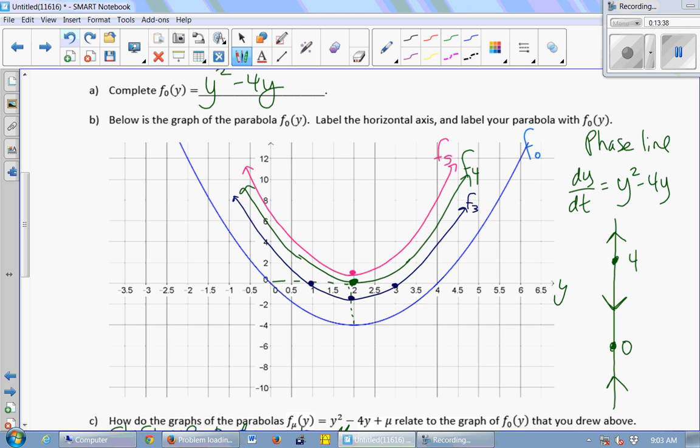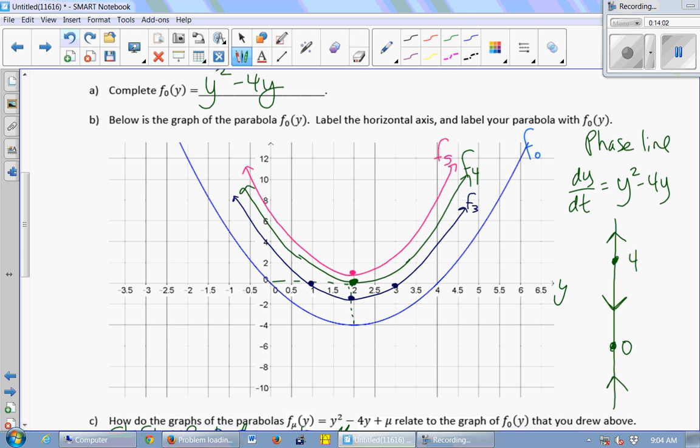All right, so we've got 4 parabolas graphed. The f sub 0 was our original. And then we have the bifurcation point, the place where this parabola goes from having 2 x-intercepts to 1 to none. As you shift this parabola up and down, the place where things fundamentally change is f4, right?